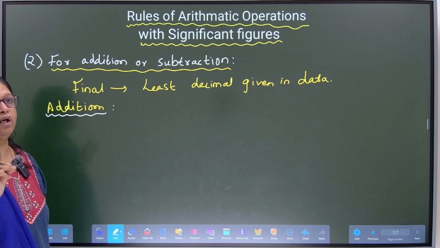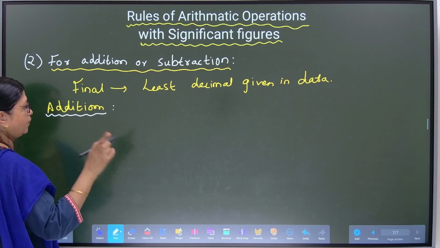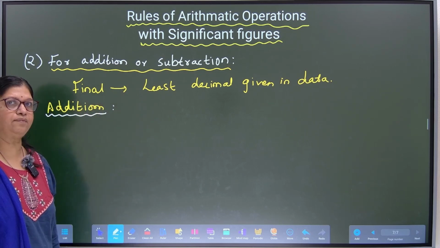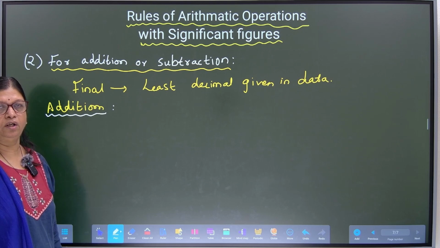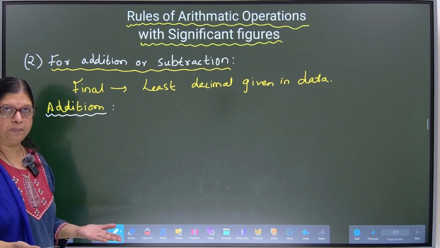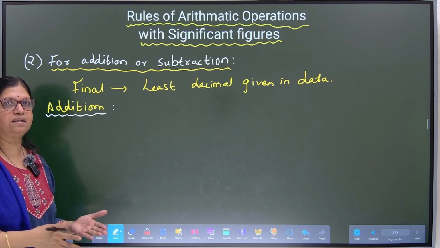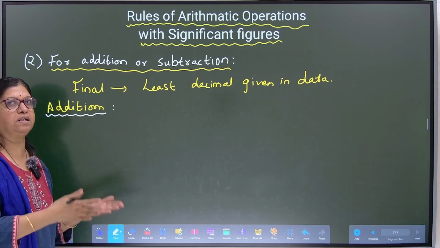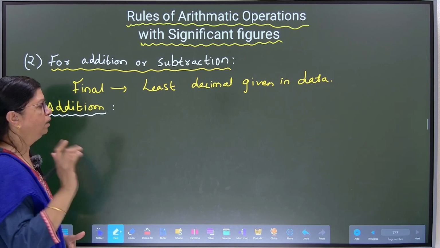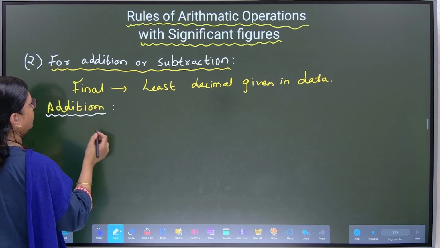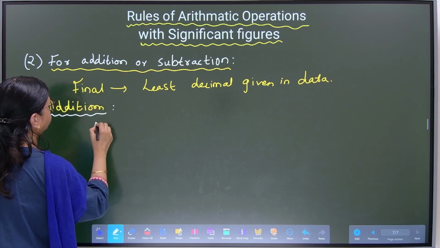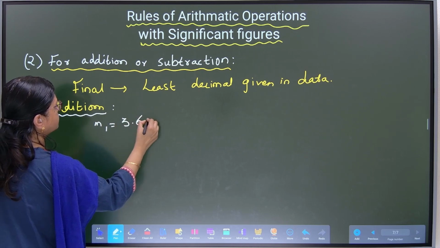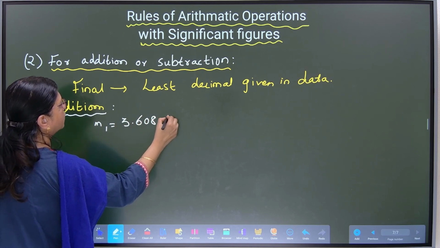Now for addition, always remember we can add only the same units. Just for your remembrance, if we are adding mass, we can add it to another mass or another mass. We cannot add mass and length, that is not possible. So let us take a data in which we are given M1 is equal to 3.608 grams.